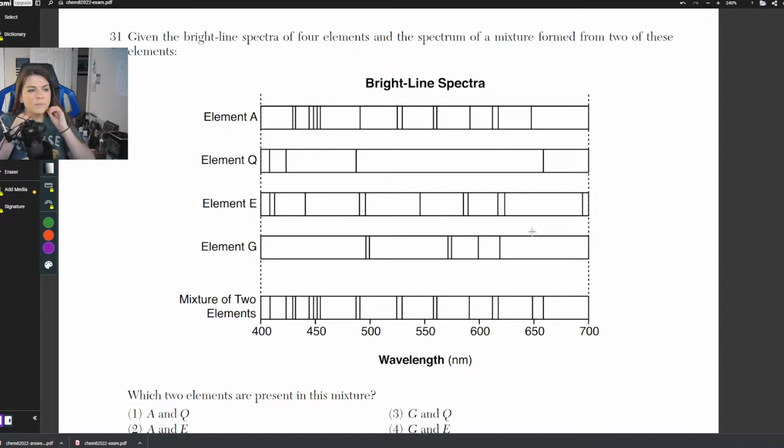Wow. Okay. So the letters are weird because they don't want it to be like B for boron or C for carbon. That's why they're Q and E and G, whatever. They don't want you to confuse them with real elements or go to the periodic table looking for an answer. But we know that there should only be 2 because the question says which 2 elements are present in the mixture, which is a fantastic start.